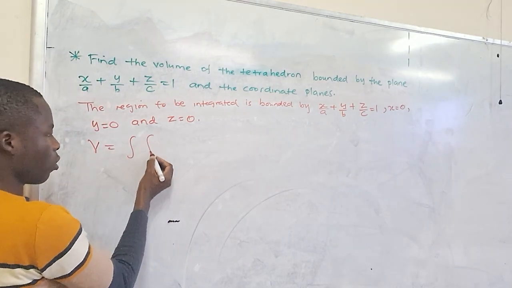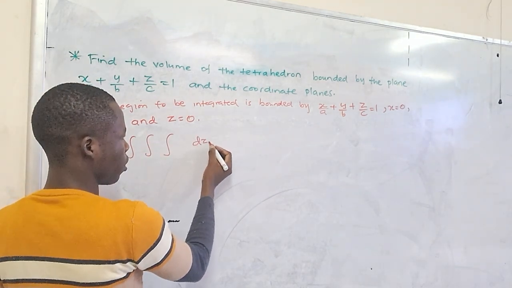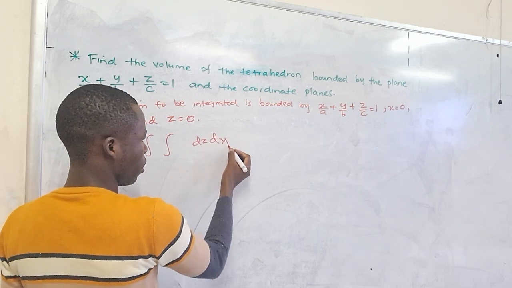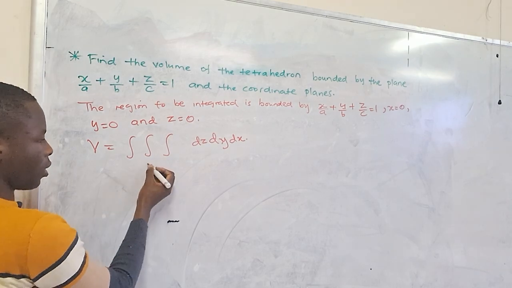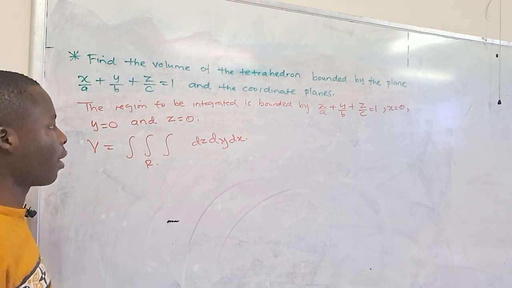V is equal to the triple integral dz dy dx.